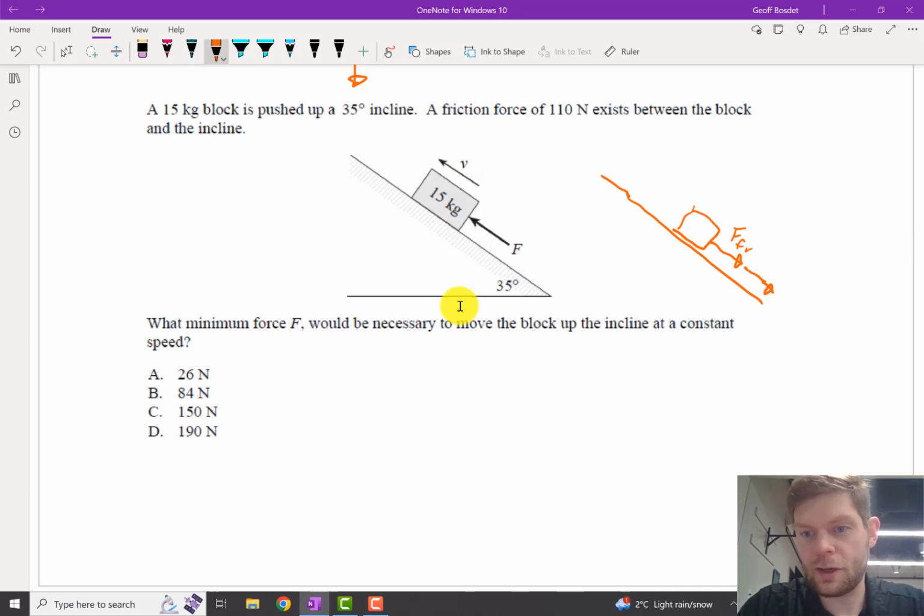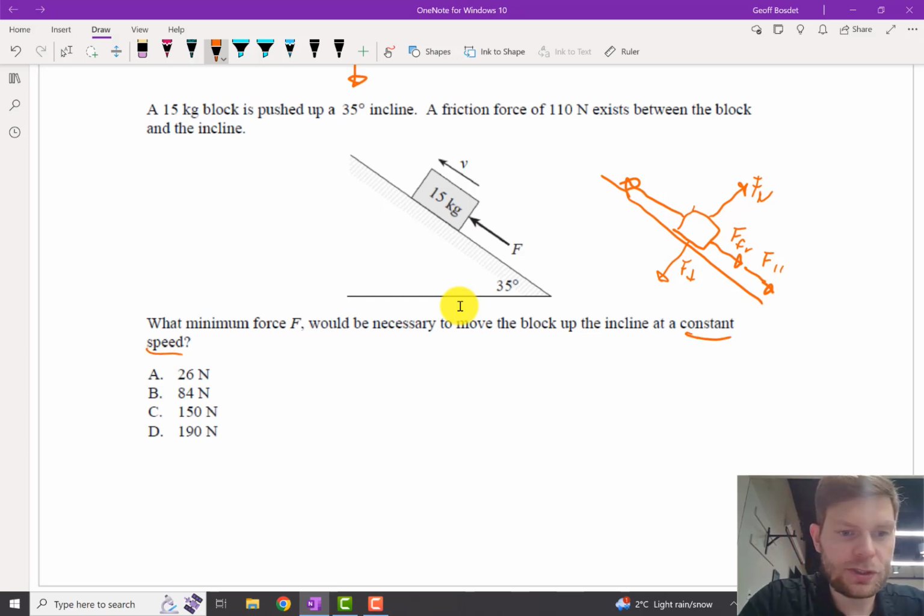And I've also got F parallel down slope. I've got normal straight out of the slope. I've got the perpendicular component of gravity into the slope. And I've got my applied force upslope.